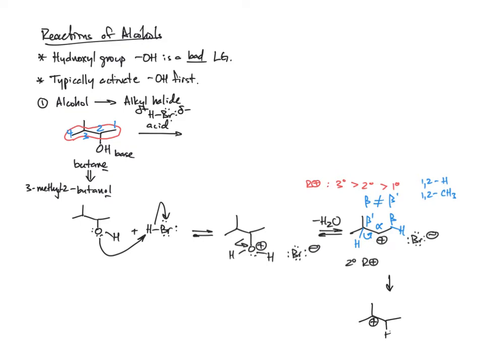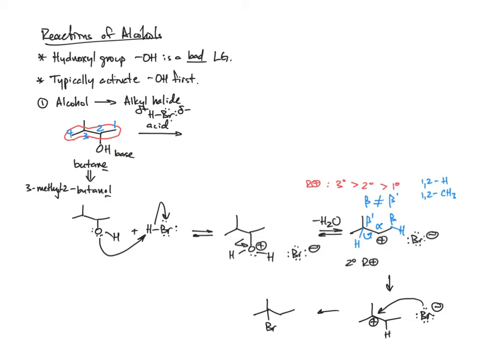So that hydrogen moved over. We have our bromide anion still floating around. Now that's the nucleophile. It's going to attack the electrophile, and what we end up with now is this tertiary alkyl bromide.